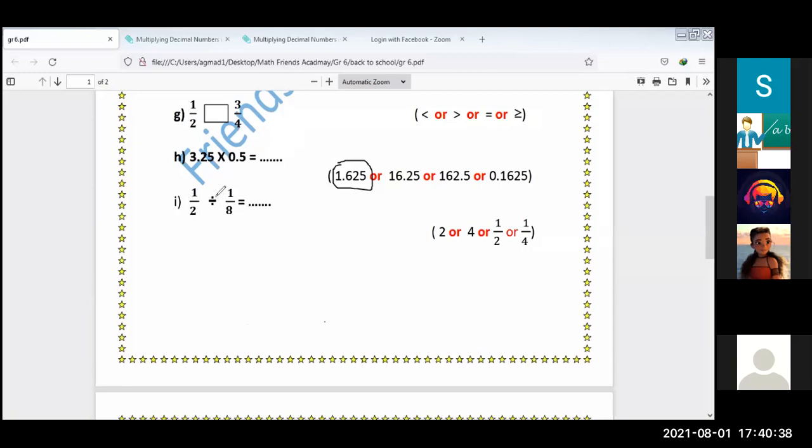Remember, in multiplication, I multiply numerator times numerator and denominator times denominator. But here I have division. What will I do? Do you remember how we can divide two fractions?